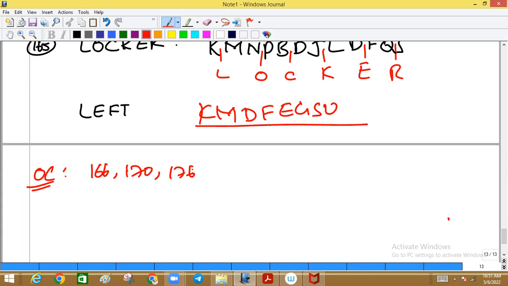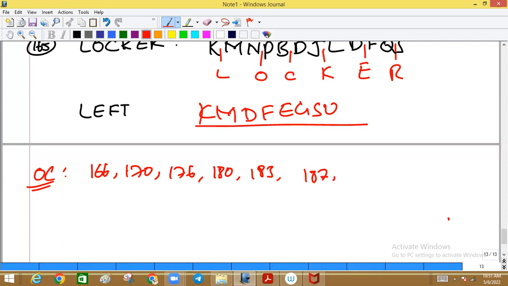So just make a note. Once you get the material, just go through that. 180 opposite coding. 183 opposite coding. 187 opposite coding. All these are opposite coding questions.